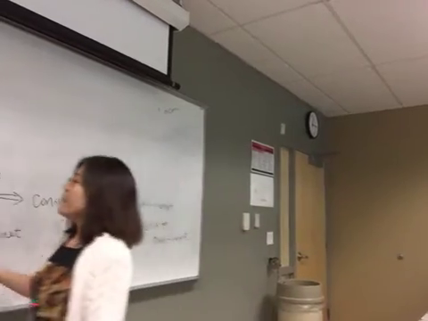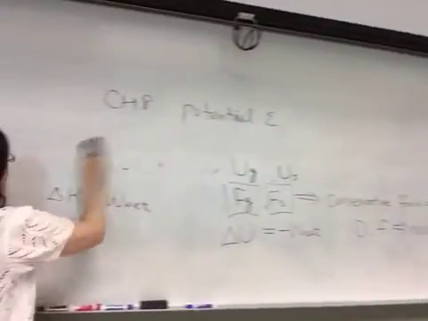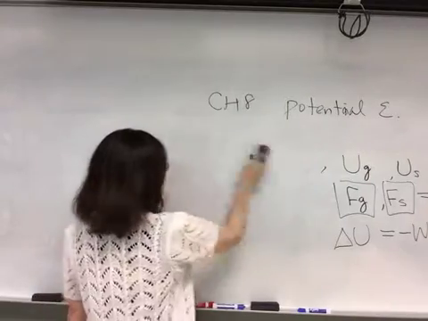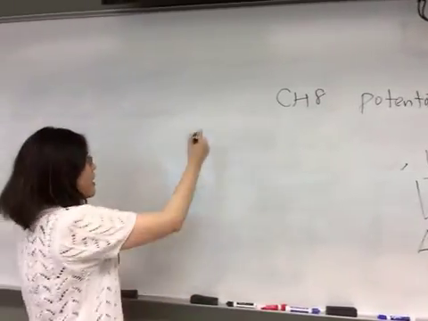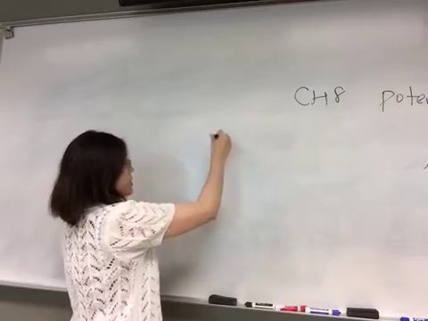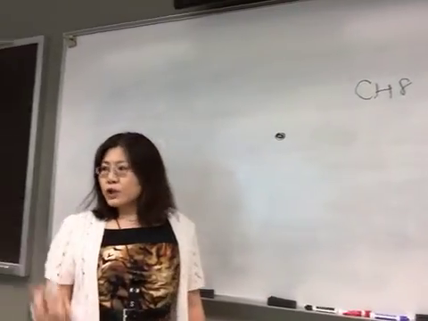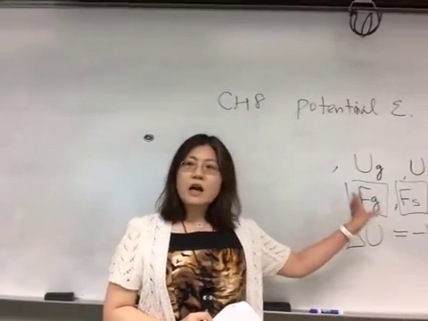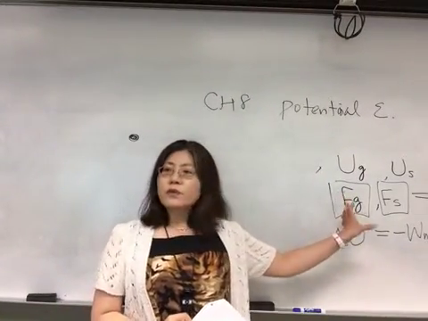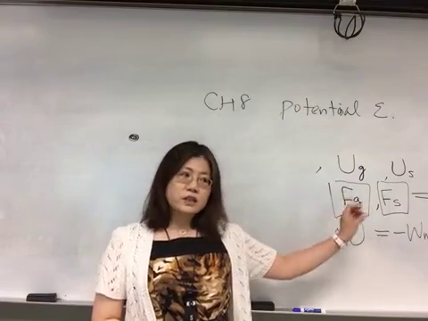So what do I mean when they are path dependent or path independent? Let's say you have an object, and it experiences gravitational force. We already mentioned that gravitational force is a conservative force. When you have a conservative force, it does work that is conserved.